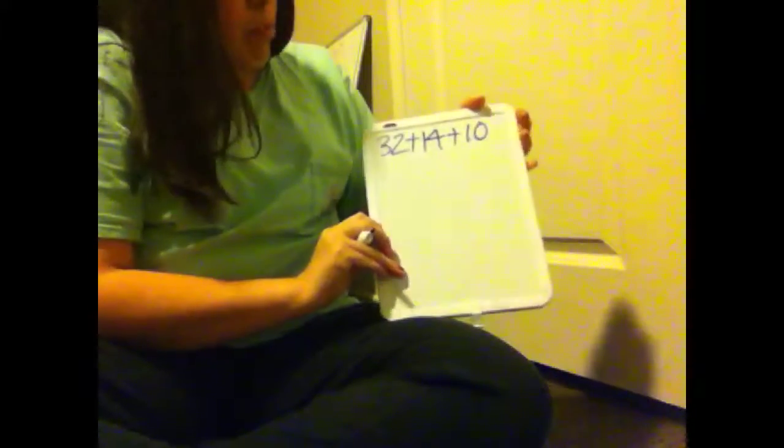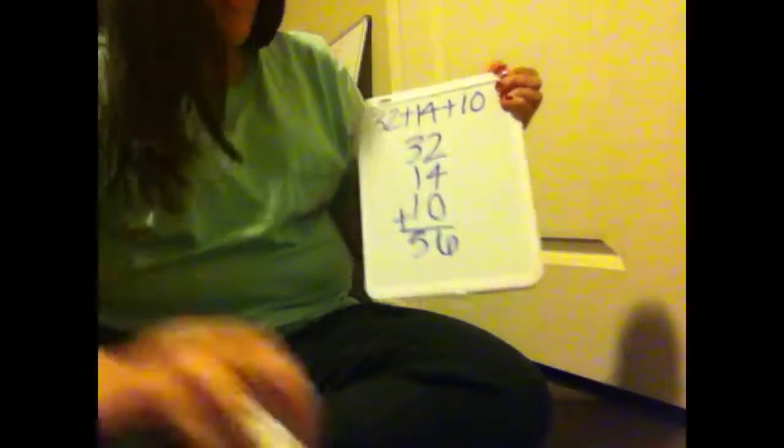Now this looks a little hard to do since it's 3 numbers across. So let's try to do it up and down. We know that 2 and 4 is 6, 3 plus 1 is 4, and 4 plus 1 is 5. So that's a lot easier to do up and down.